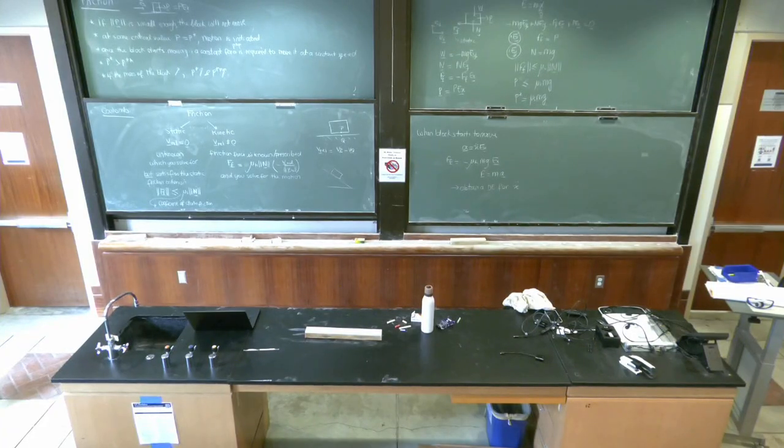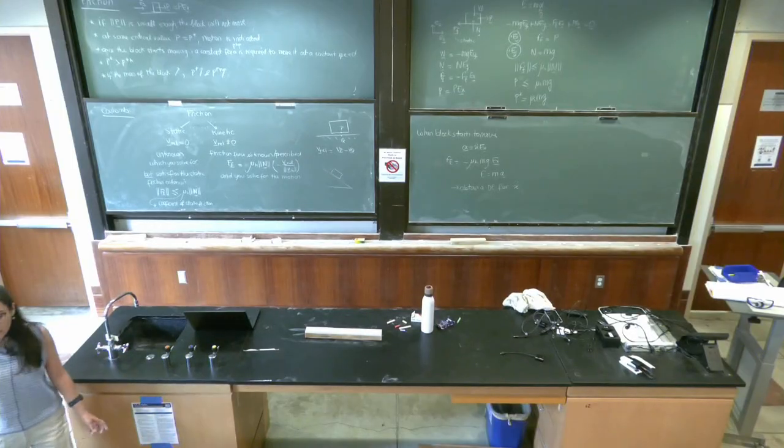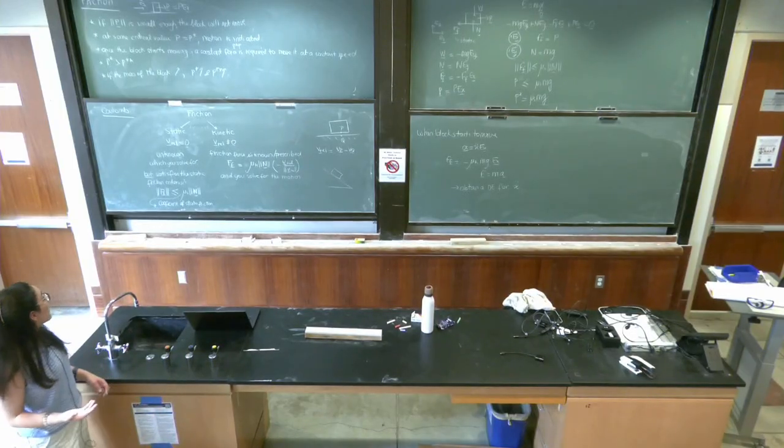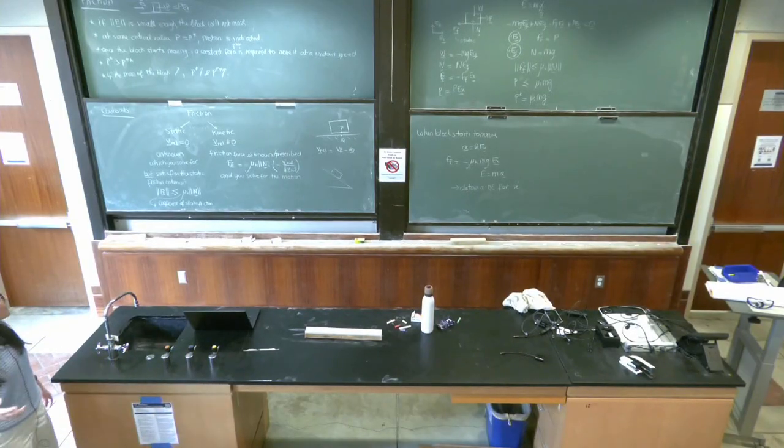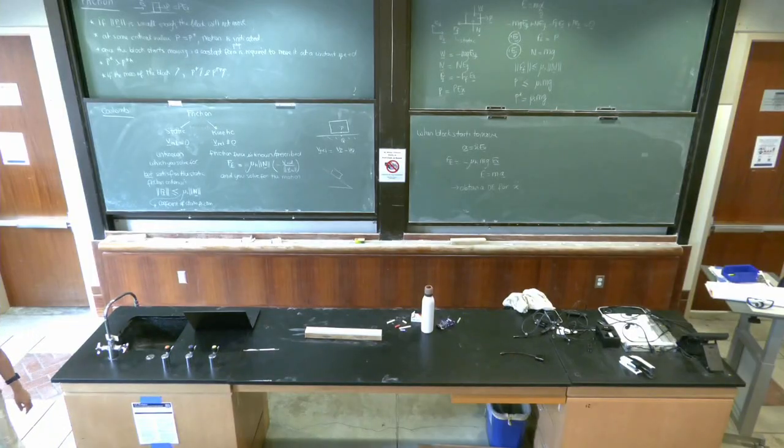So friction is static and kinetic. Static is unknown. The motion is known, but the friction force is unknown. Versus when the friction is kinetic, then the motion is unknown, the friction force is known, and it's equal to this.